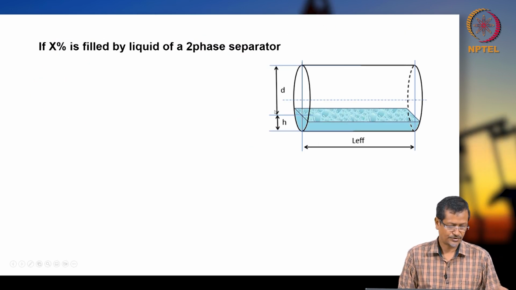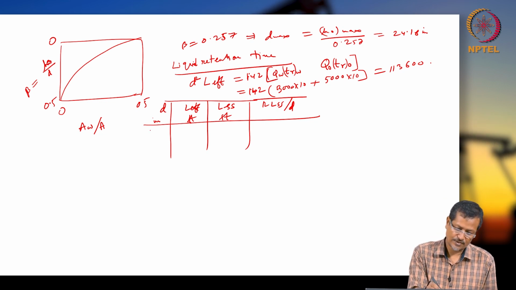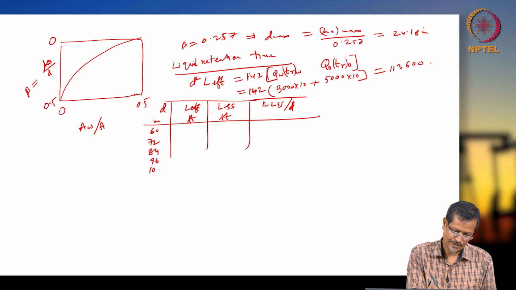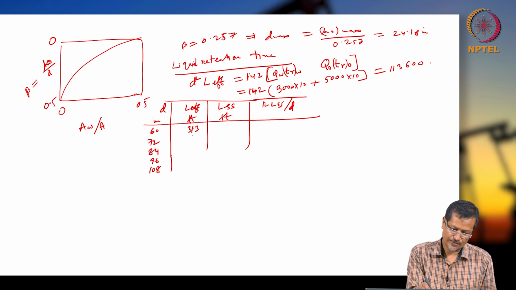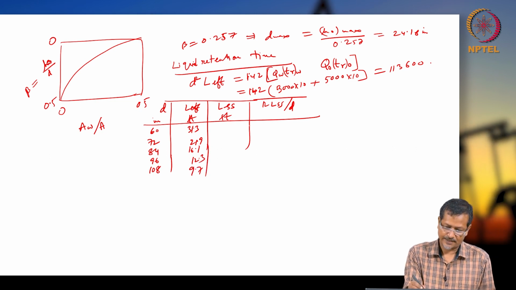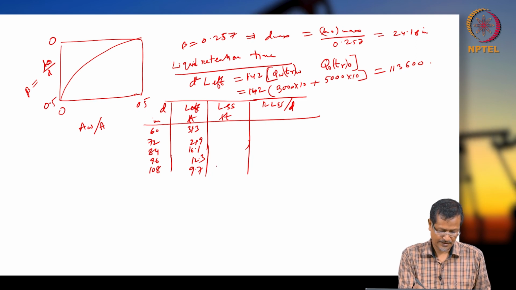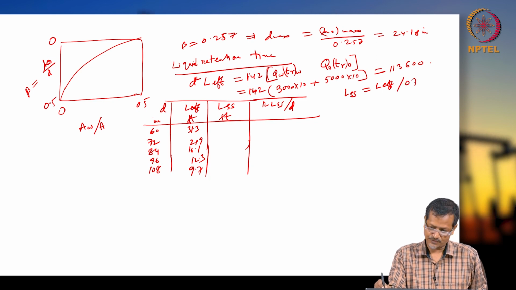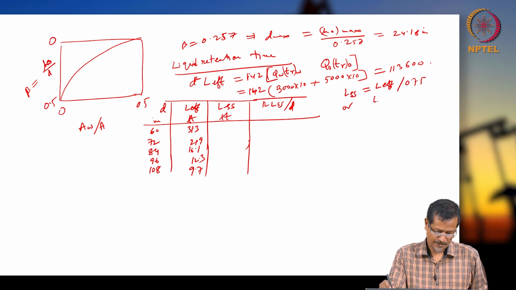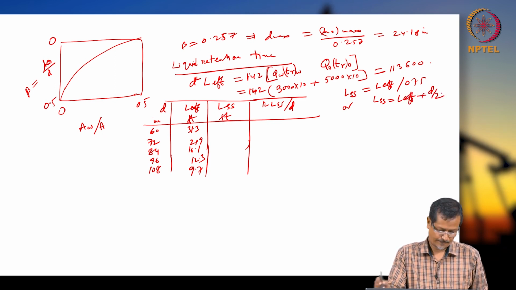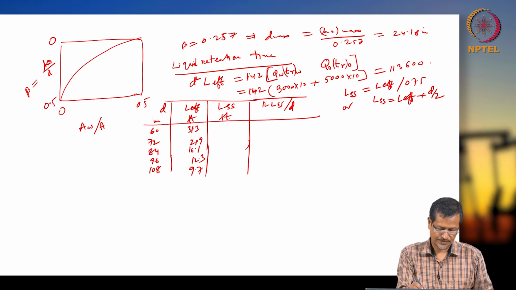So the slenderness ratio should not have any unit, and you take the values like 60, 72, 84, 96, 108, and you get 31.6, 21.9, then 16.1, 12.3, 9.7. LSS you can calculate using the formula: LSS equals LEFF divided by 0.75, or LSS equals L effective length divided by D by 12. Okay, so take the bigger one and use it.